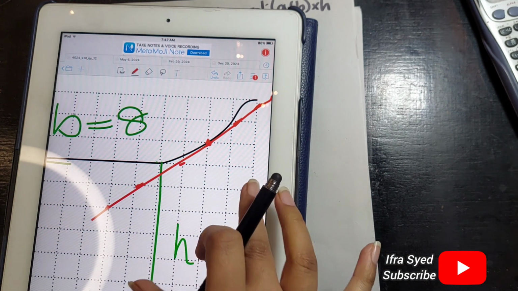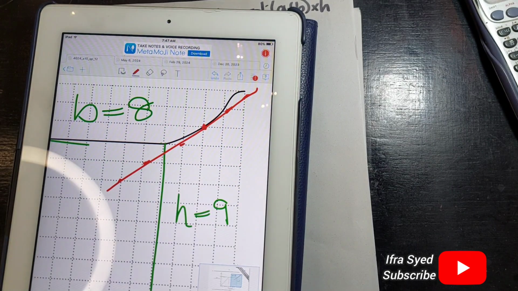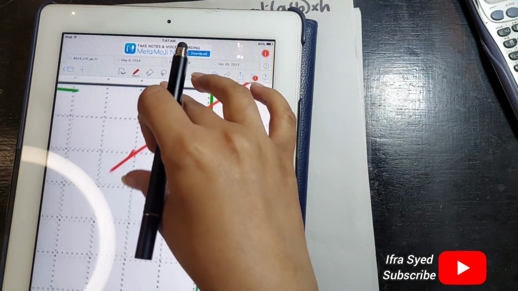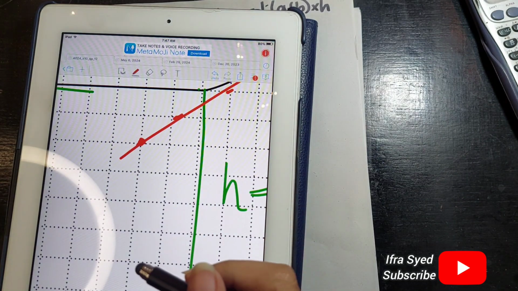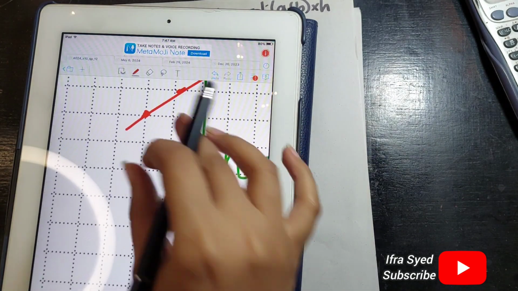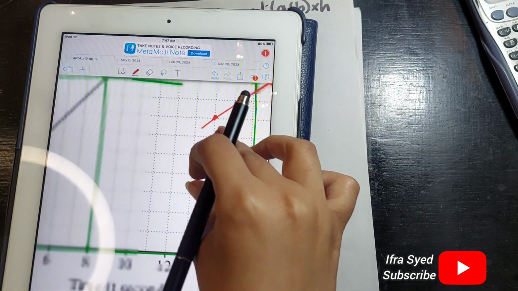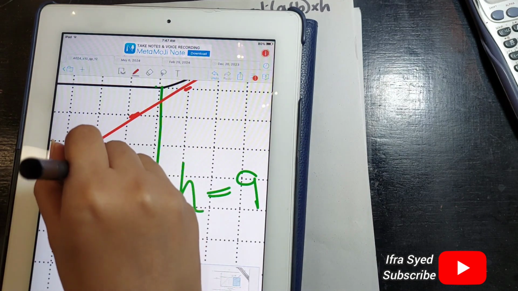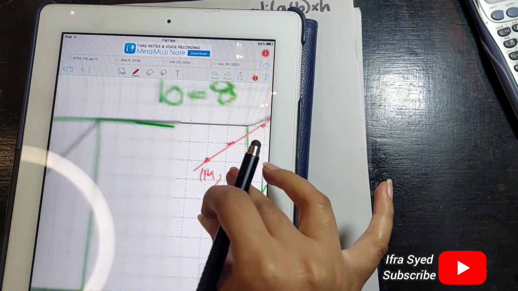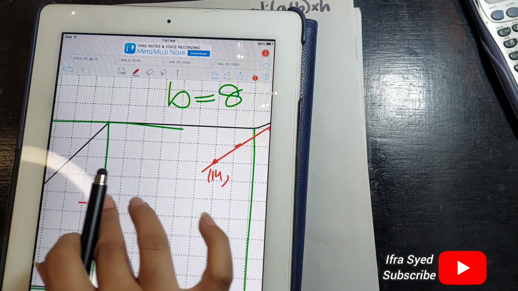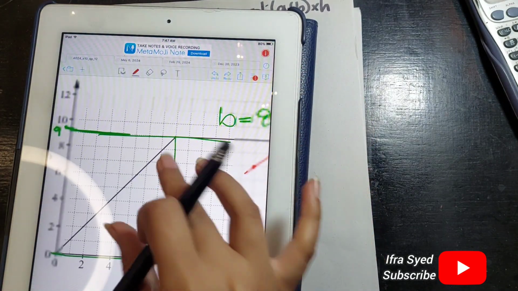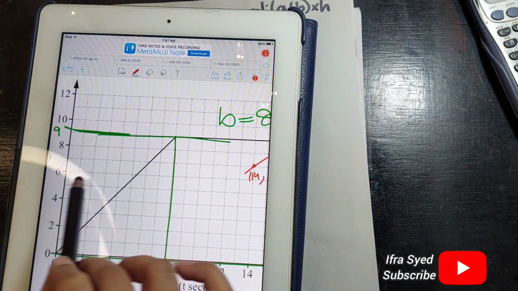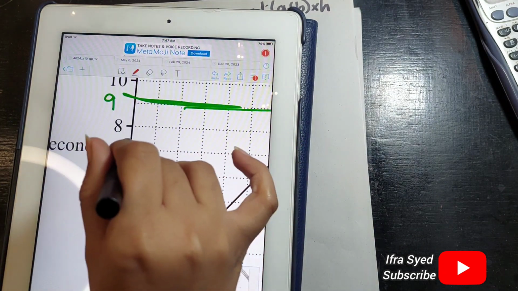On this tangent line, I take any 2 points to find the value of gradient. Here the value of x is 14, and the value of y is this value.